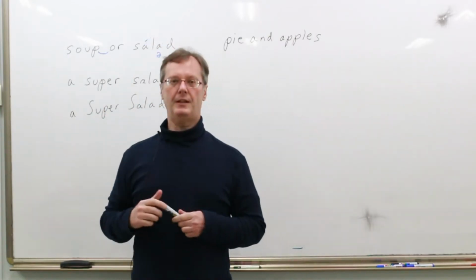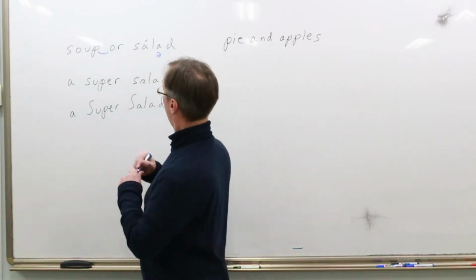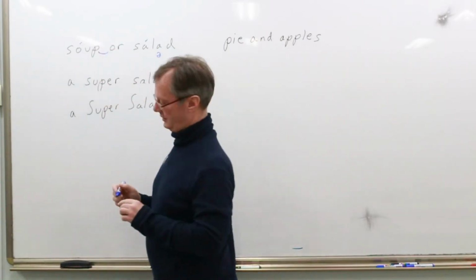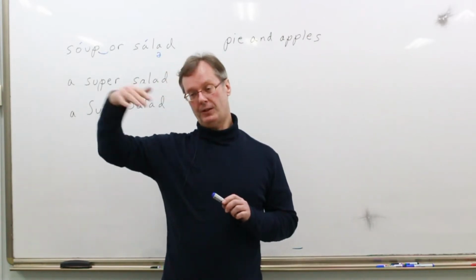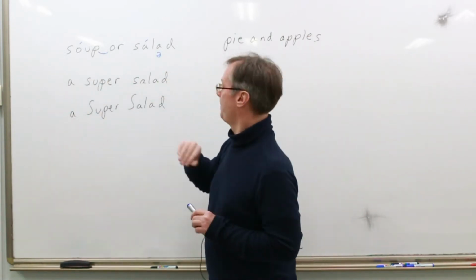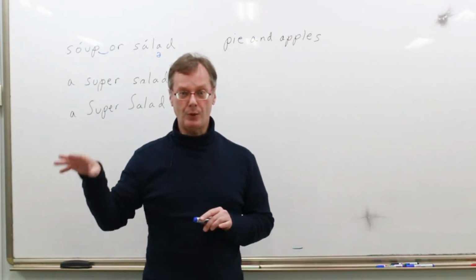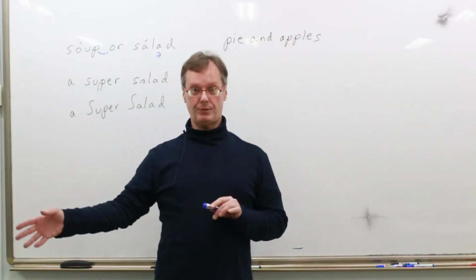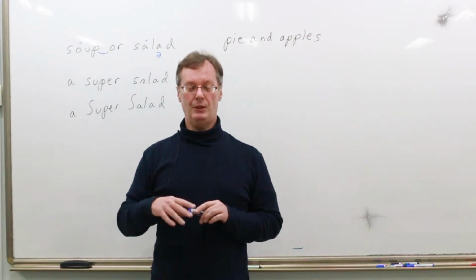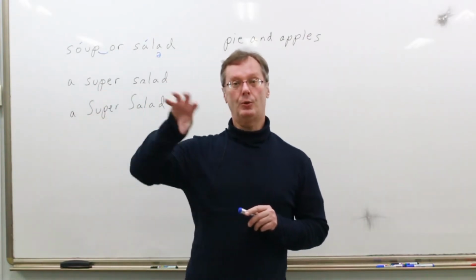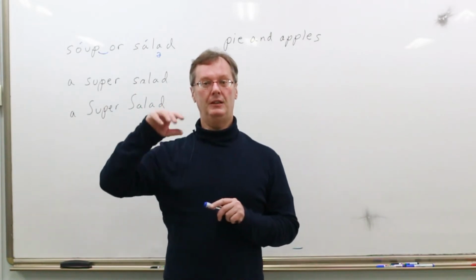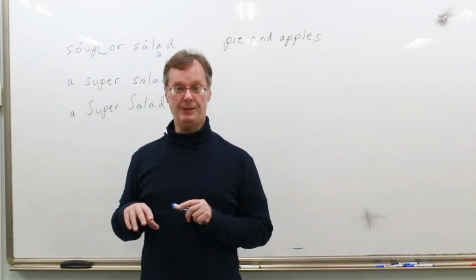Now, we can give every noun stress in English. And so I could say we have soup or salad, especially if it's a choice question or choice response. Do you have soup or salad? We have soup or salad. So in a choice, like A or B, we can give each item more stress.